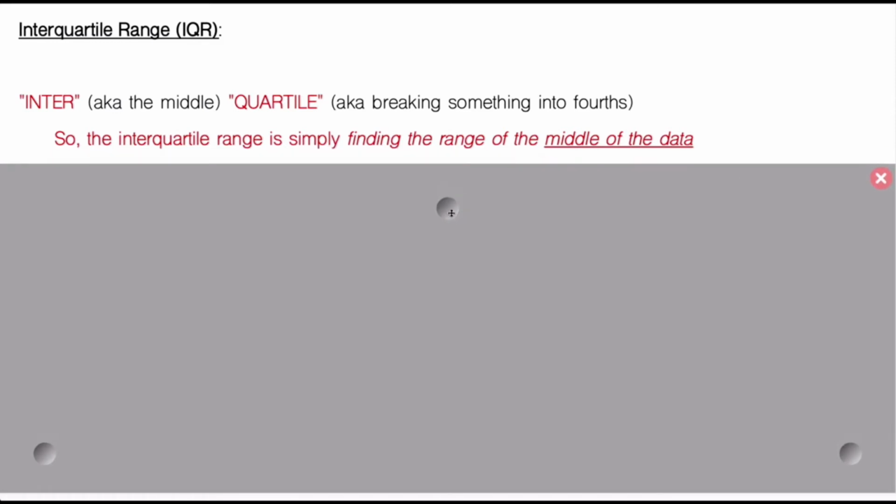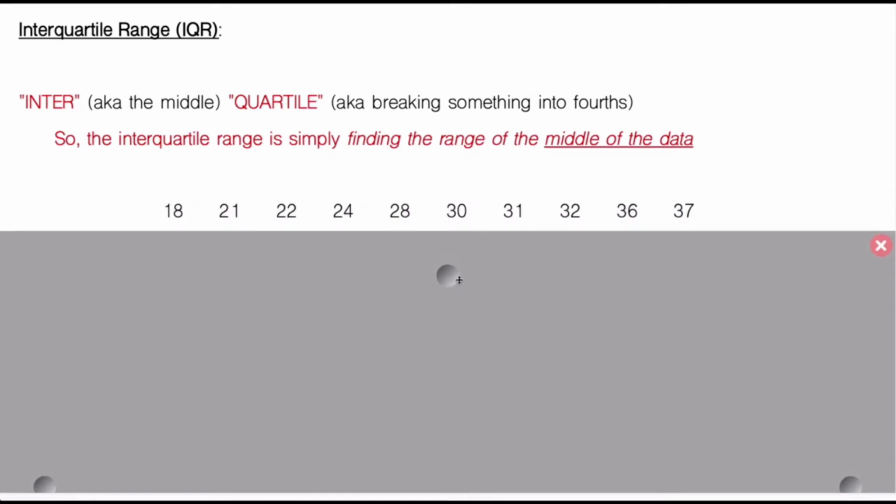And interquartile range, if you were going to put it in simple words, all it means is you're going to find the range, which you learned how to do before. Range is just subtracting the smaller from the bigger. And we're going to find the range of the middle part of the data.